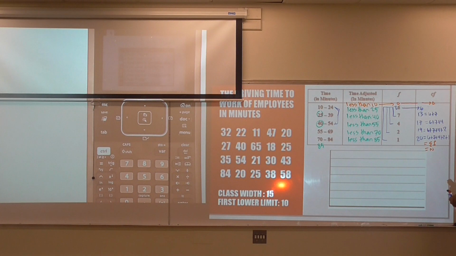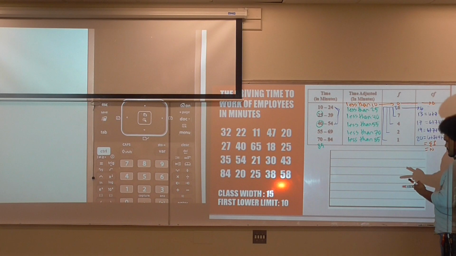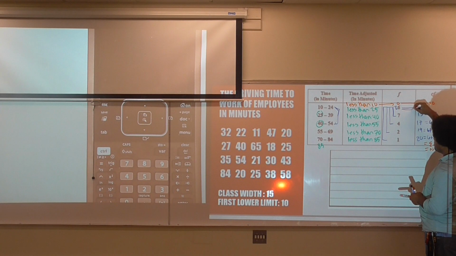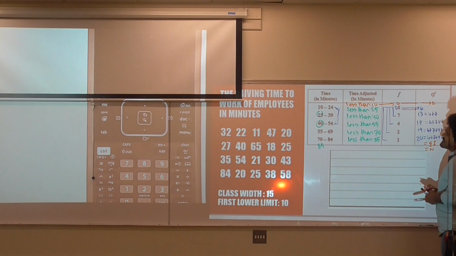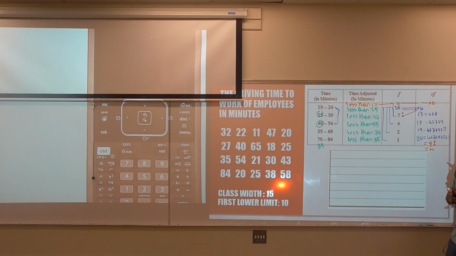What really is happening here is, first thing first, there's no way I could change this situation. So this is still happening no matter what, because that's the lowest one, and that's just itself. So 6 comes over here. But what I'm doing here is I'm going to get the previous cumulative frequency and add it to the current frequency in focus.